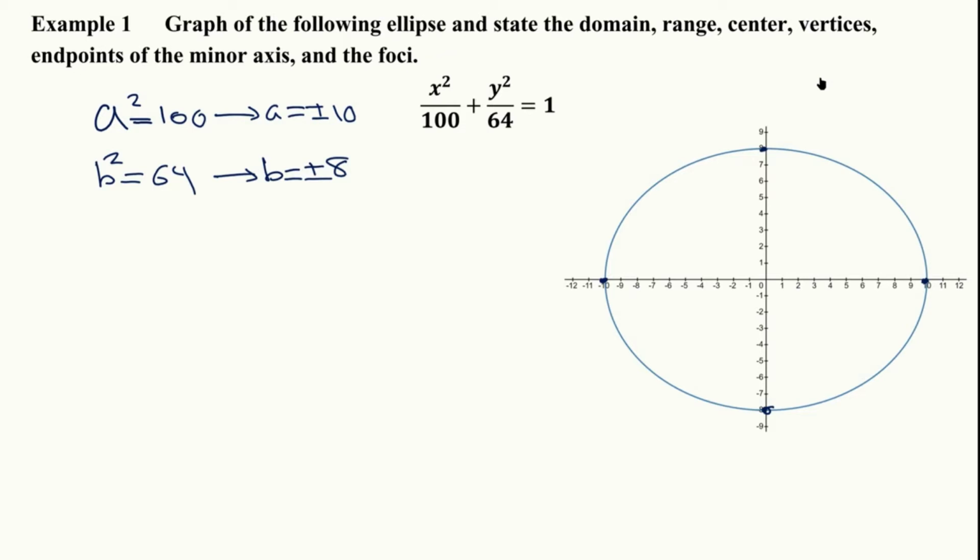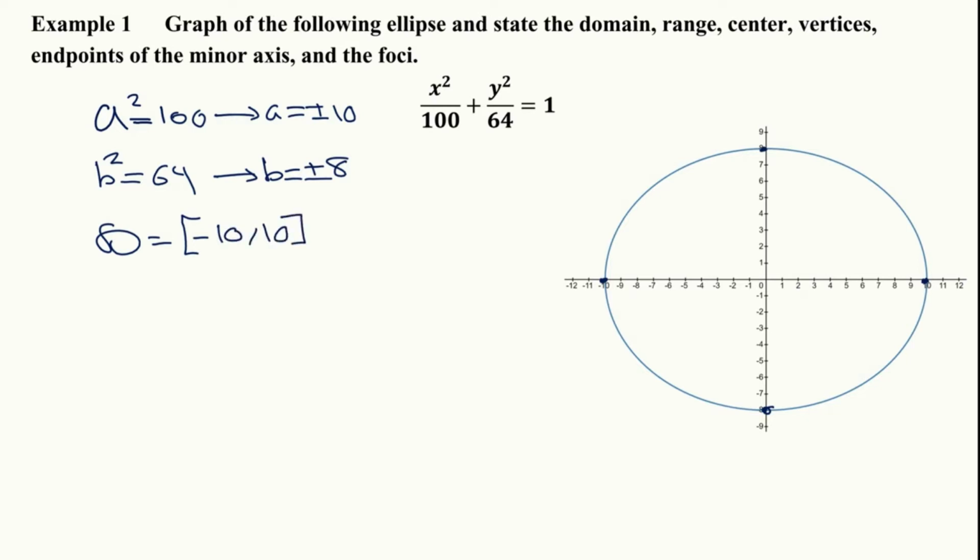It's really simple. All right, so as far as the domain and range, notice that the x values involved here are between negative 10 and 10. So the domain is the interval from negative 10 to 10, and it's a closed interval.